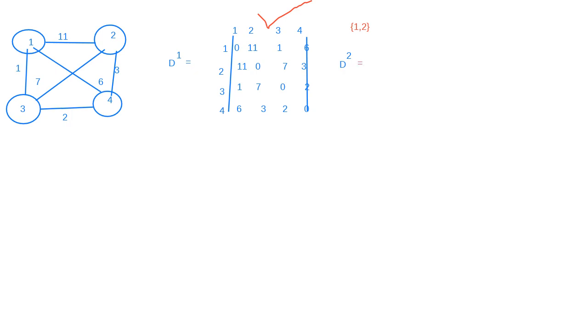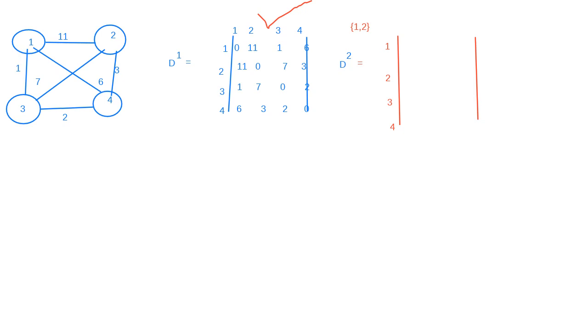So in the D2 matrix, let us suppose I have to solve, here I am writing 1, 2, 3 and 4, and here 1, 2.